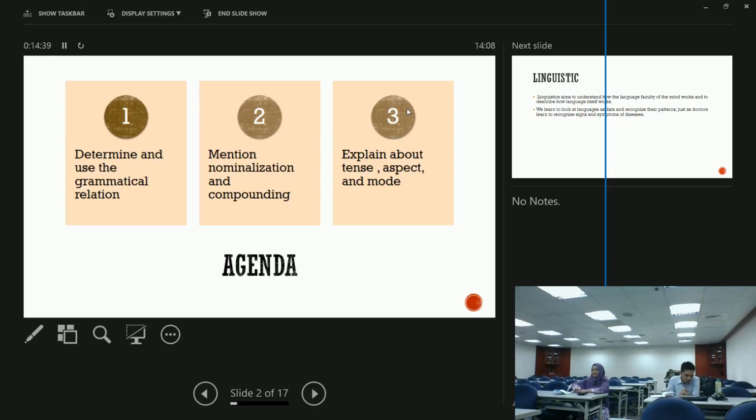So the day agenda, we will have 3 agenda. First, we are going to determine and use the grammatical relation. The second one, we are going to mention nominalization and compounding. And the last one, we will explain about tense, aspect, and mood.